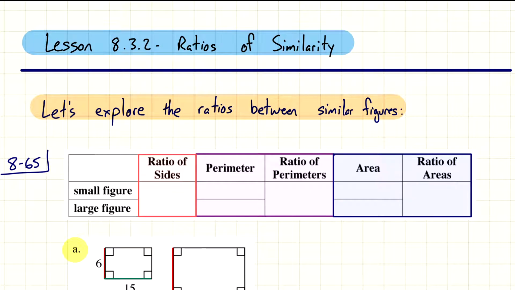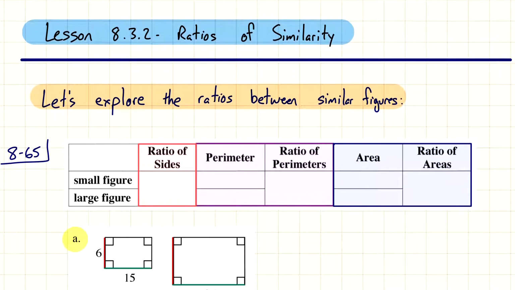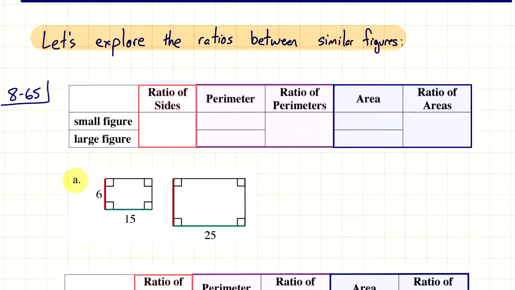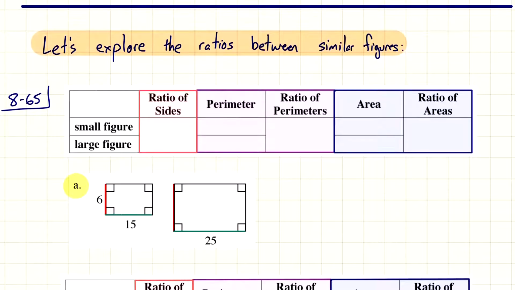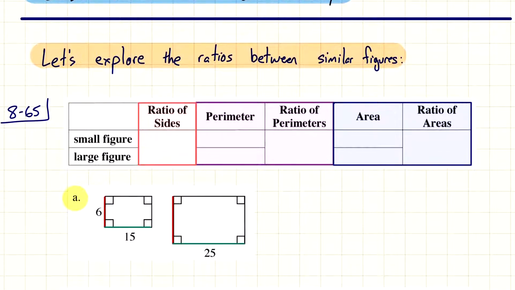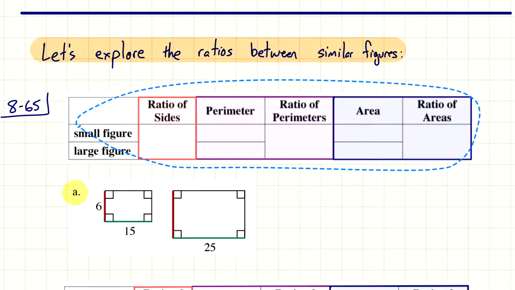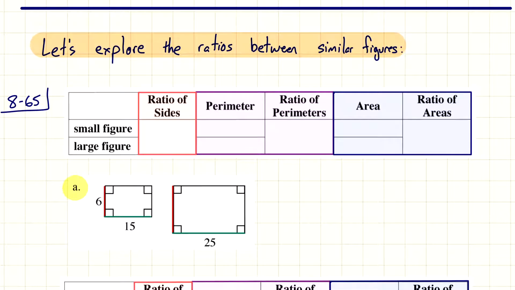In this first problem, we're going to look at three different pairs of similar shapes. The first is a pair of rectangles that are similar, and I'm going to help us fill in this little table of information. It's going to help us understand how these ratios are related.